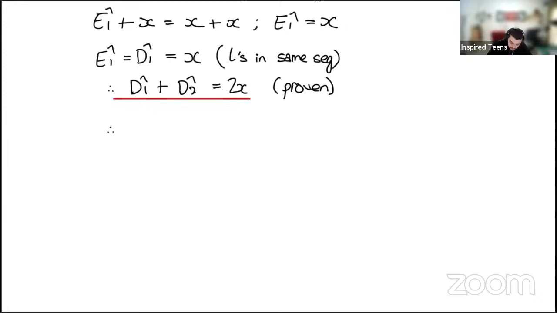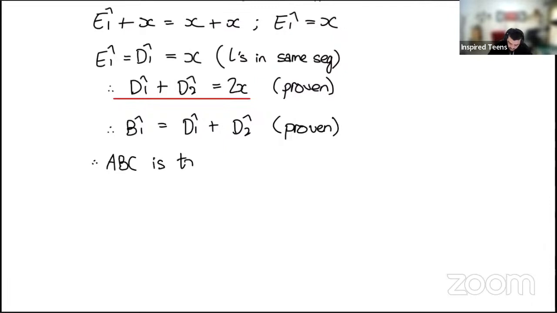Therefore, angle B1 is equal to angle D1 plus D2. Again, we just proved all of that. And you can say, therefore, ABC is a tangent to circle BFD, converse tan chord.